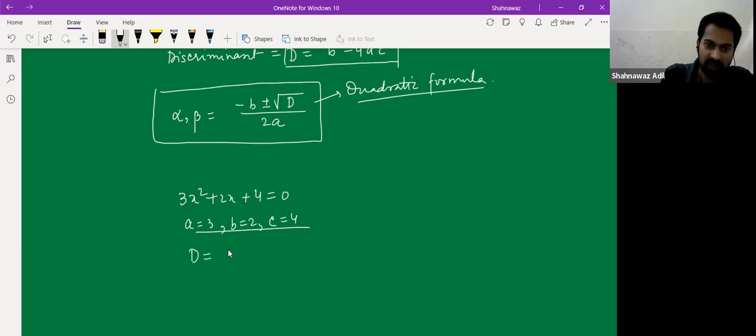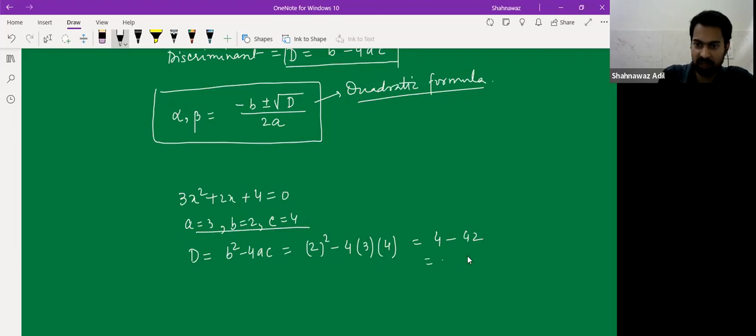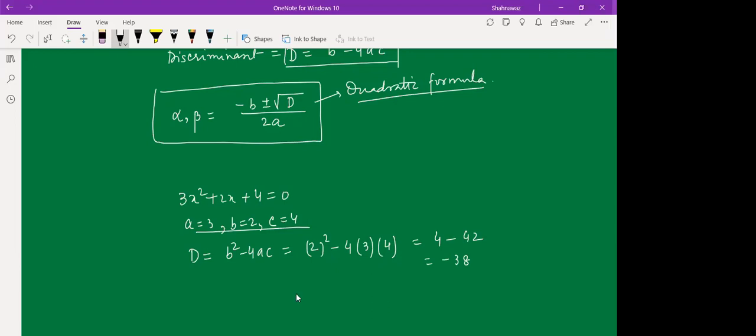So this is b squared minus 4ac. So b squared is 2 squared, and A is 3, and C is 4. So this is 4 minus 48, so this is minus 44, right?